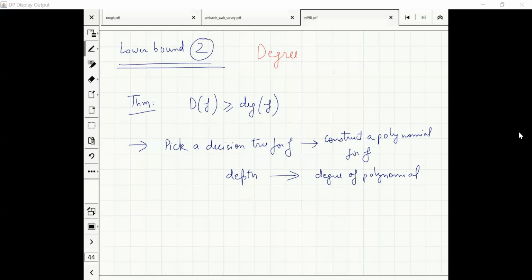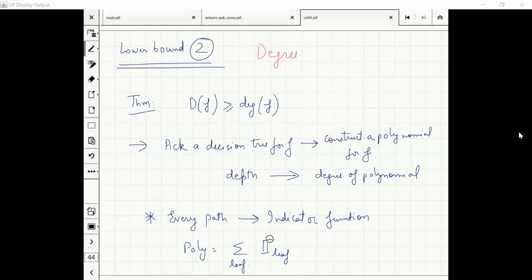What you do is, every path will give rise to an indicator function, and the polynomial representation is just the sum of all the indicator functions of the leaves. How do you create the indicator function for the leaf? You can figure it out. It's just a partial version of how we created the indicator function for a truth table. It's very similar to that.